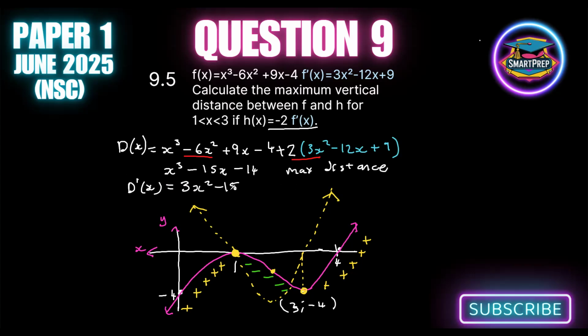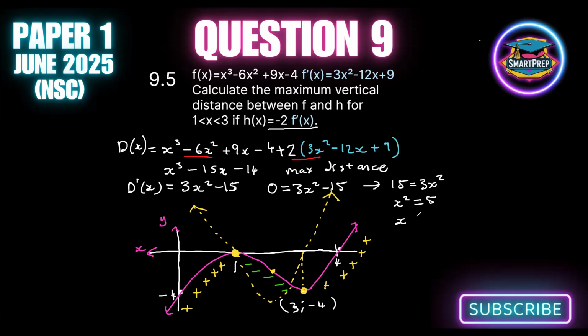So the distance now is where that's a maximum, right? So therefore, we'll make d dash of x equal to 0, 3x squared minus 15. So we take the 15 across, and you'll get 15 equals 3x squared. Divide by 3, we'll get x squared equals 5.